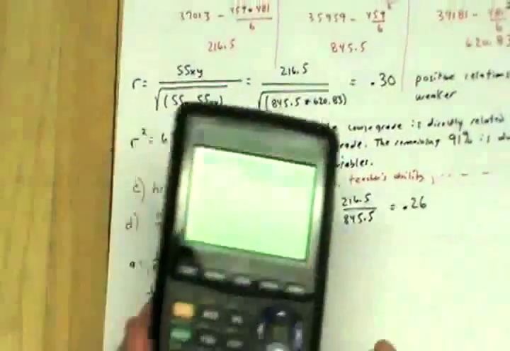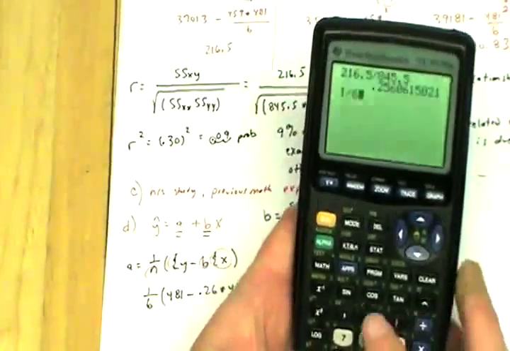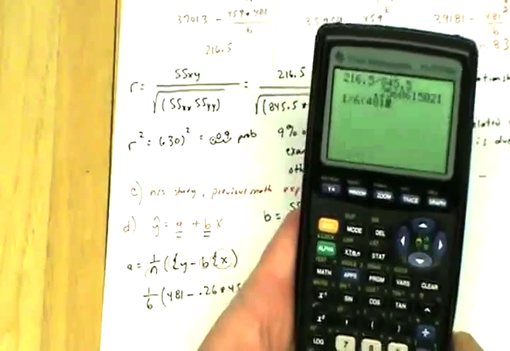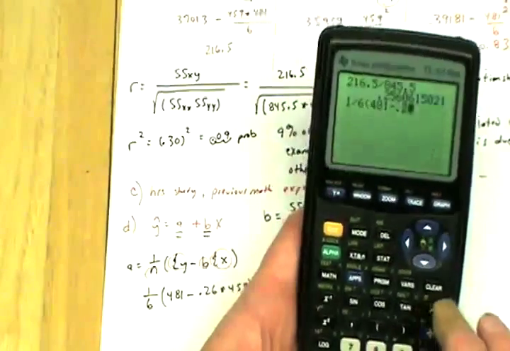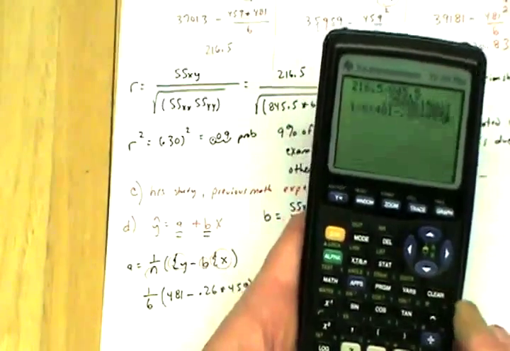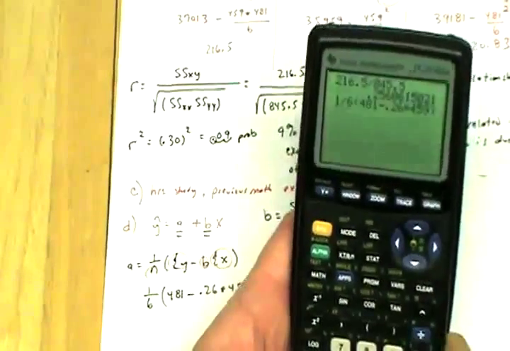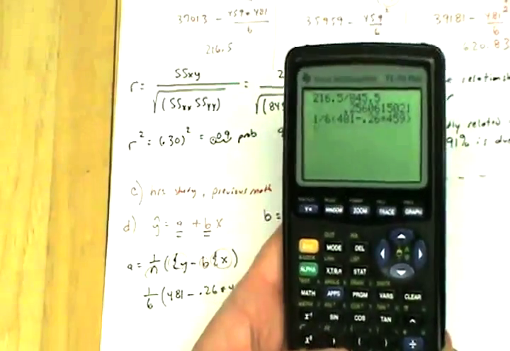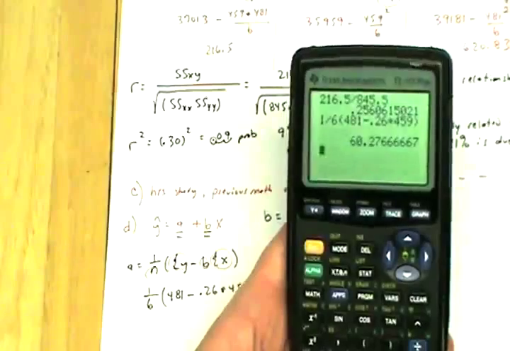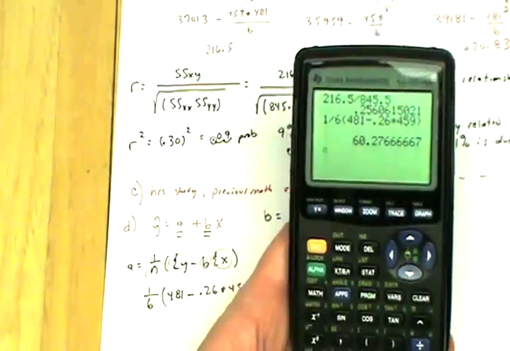So in our calculator we're going to put in 1 divided by 6, 481 minus 0.26 times 459. That gives 60.276. Let's call that 60.28.